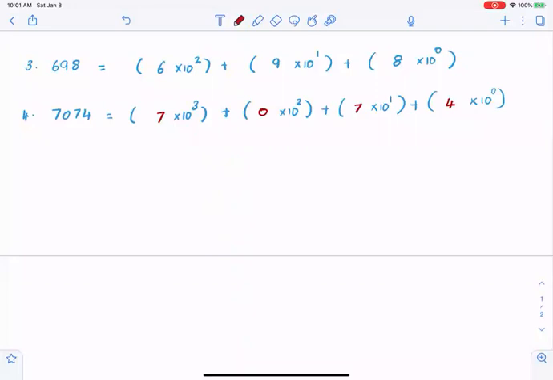And most people would simply write that last term as 1. But the reason why I like to write it the way I'm writing it is to demonstrate that we are going in powers of 10.